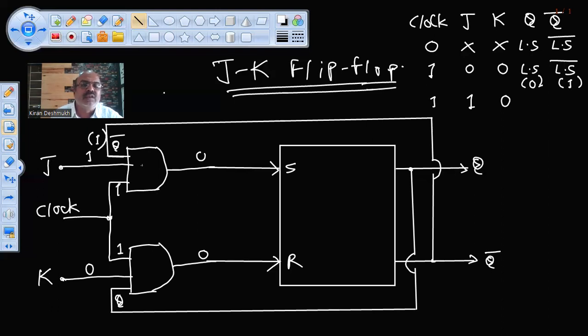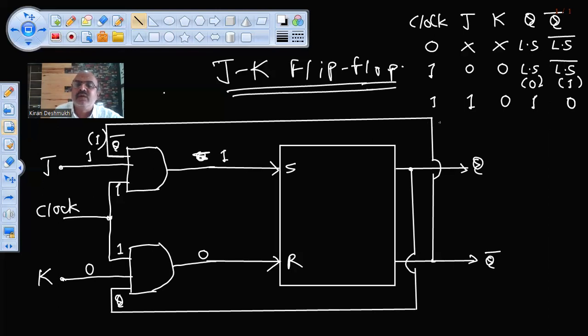So now for this AND gate, J input is 1, Q bar is also 1, clock is also 1. The output of this AND gate will be 1, because all the inputs are 1. If S becomes 1, what will happen? Q will become 1. When Q becomes 1, Q bar will become 0.